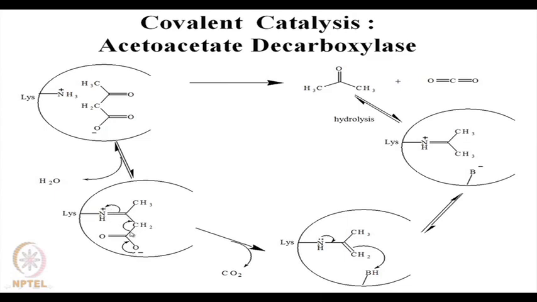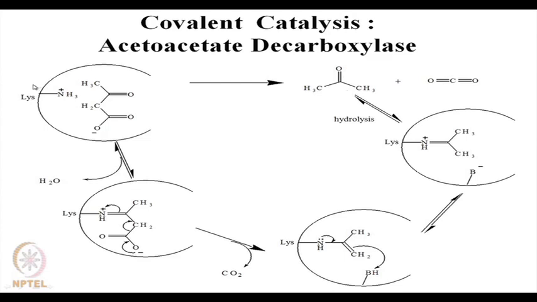To satisfy the electron deficiency, this bond may be switched from here to here, so its electron deficiency may be somehow satisfied. Therefore, this bond cleaves and carbon dioxide is released, and following this scheme, your product is formed, that is CH3COCH3, along with carbon dioxide.